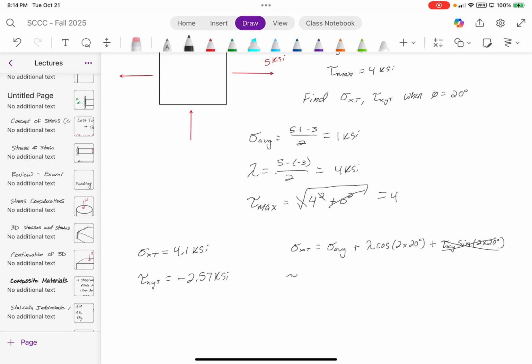So you would have gotten 4.1. And for tau xyt, it's negative lambda sine of 2 times 20 degrees plus tau xy cosine of 2 times 20 degrees, but that's equal to 0.